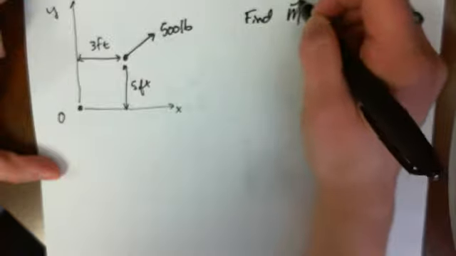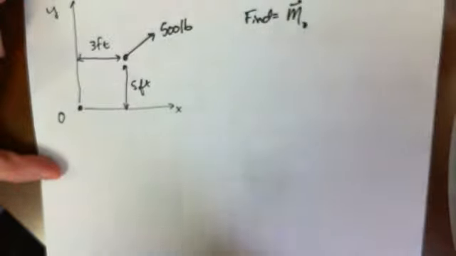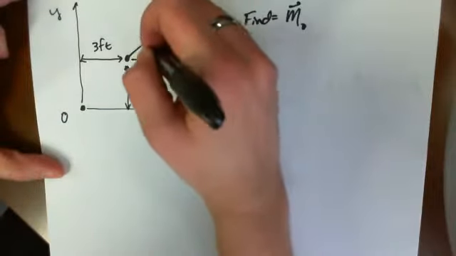What is the moment about 0? This angle is 30 degrees.